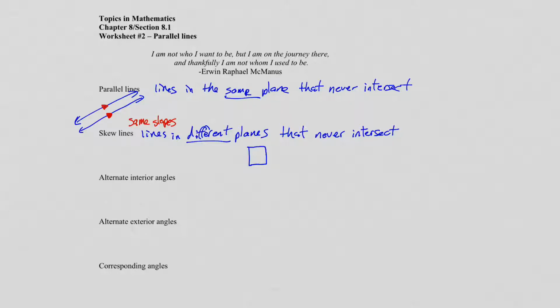Let's see here. So here's a rectangular prism, and we have a line, let's say this line right here, and this line right here is in a totally different plane.